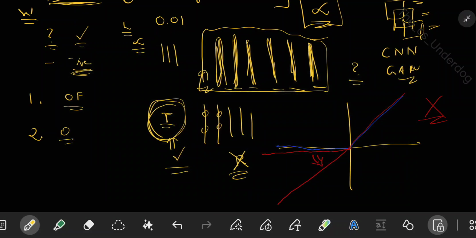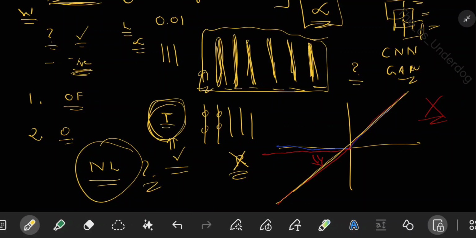The whole purpose is to introduce non-linearity in the neural network. But if your activation function becomes a linear line, then what is the whole purpose of having this? Non-linearity introduction is the whole purpose of your activation function. Then if your activation function becomes a linear line like this, it will introduce no non-linearity.